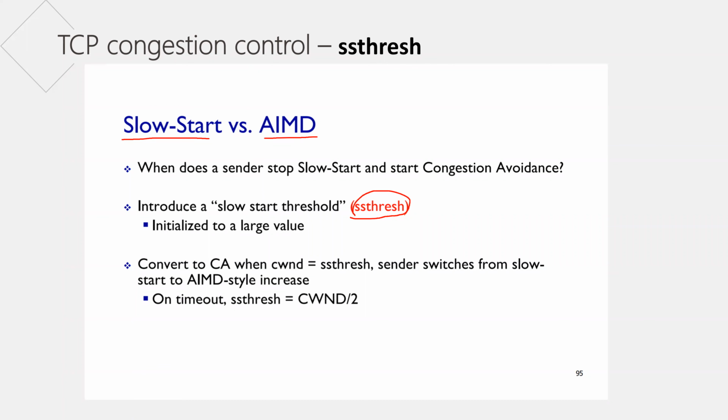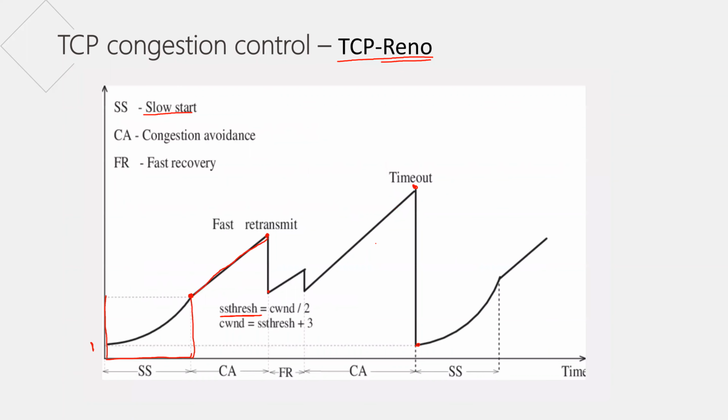So what is this? It's like a value. When we reach this value, we will switch our strategy from slow start to AIMD. As you can see here, this value is here. Let's say it's 10. So we will set this value as 10.